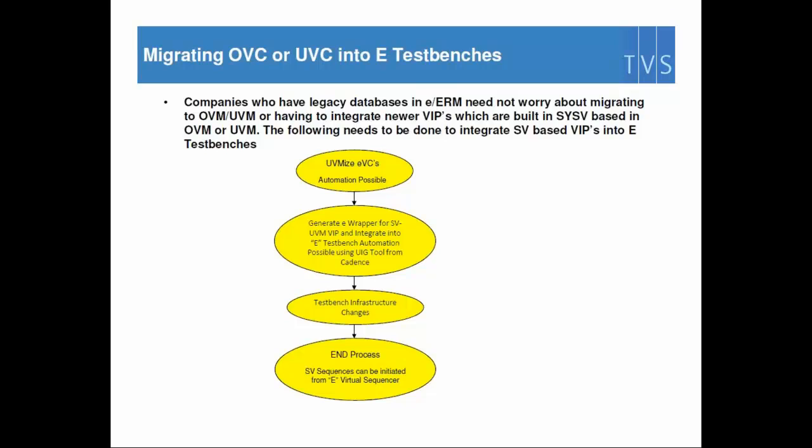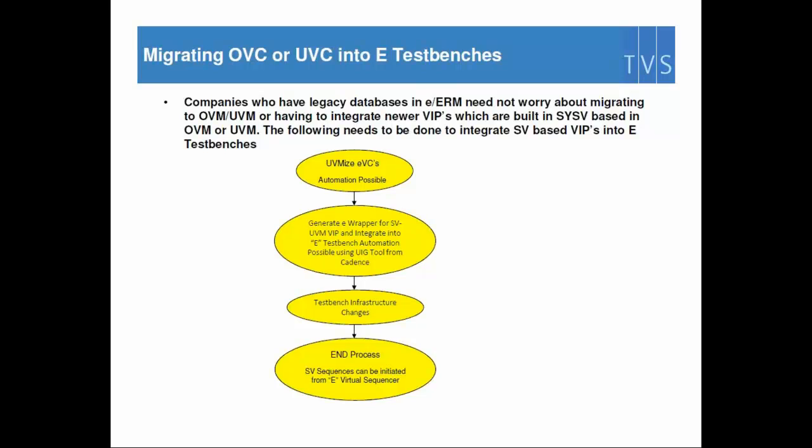This is required because nowadays customers will have multiple verification IPs in different languages. It can be a requirement of some customers that they want a top level environment in SpecMan, in E or SpecMan, or in SystemVerilog OVM.